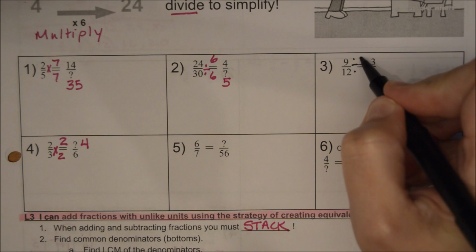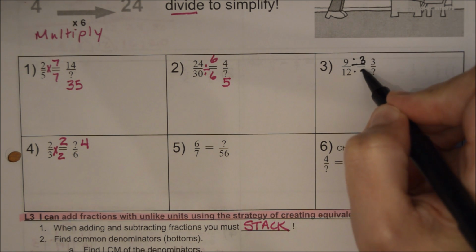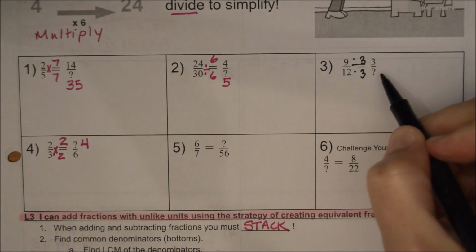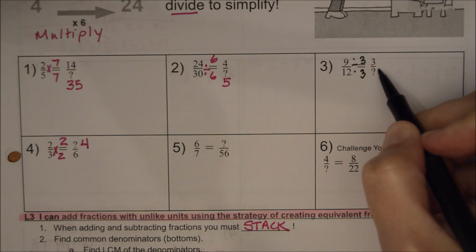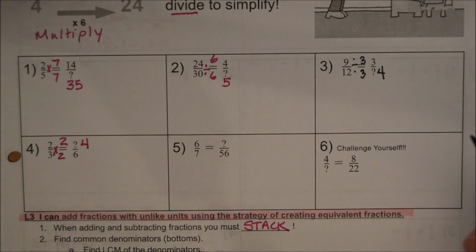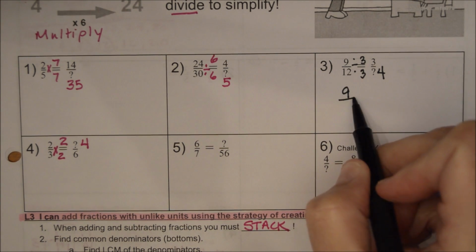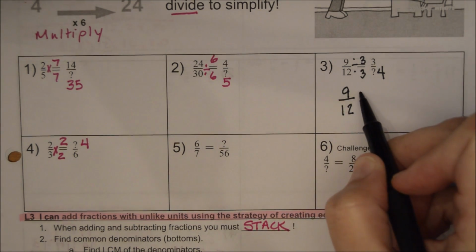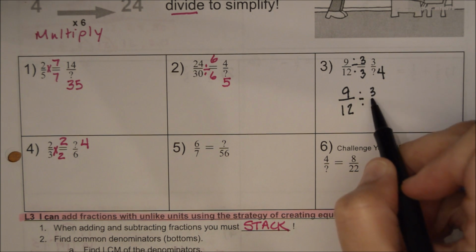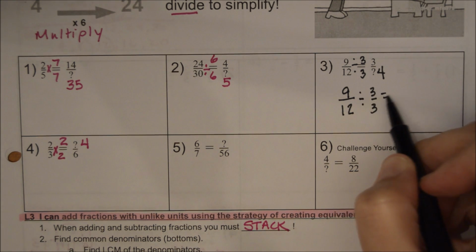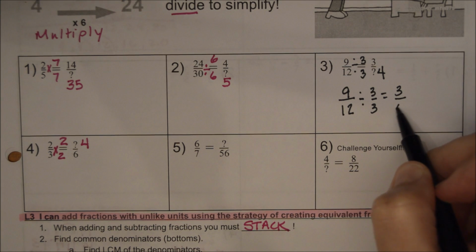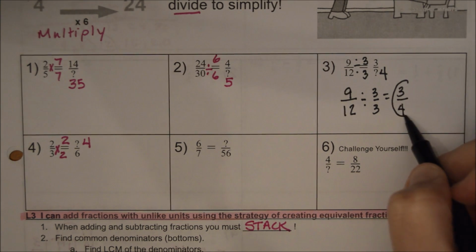Well, 9 divided by 3 is 3. So 12 divided by 3 is 4. If you need it to be bigger because of the camera, I can write it out. Like that. That's a little bit neater.